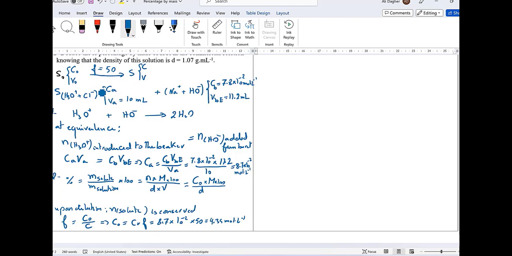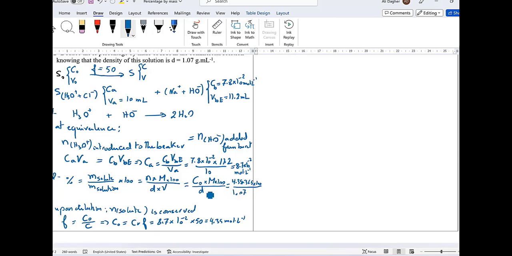Then the percentage by mass equals C0, 4.35 times molar mass of HCl 36.5 times 100 over density equal 1.07. The density is in gram per milliliter. In this relation, density should be in gram per liter.